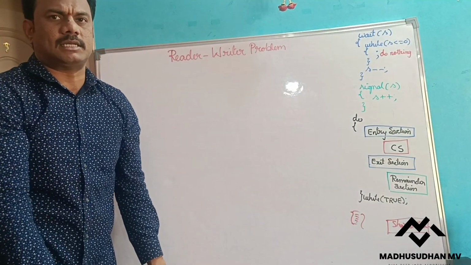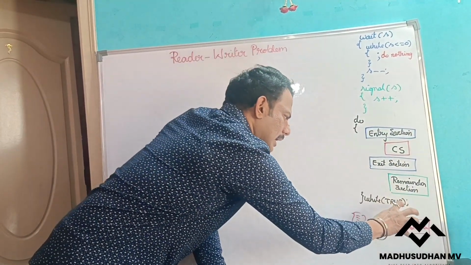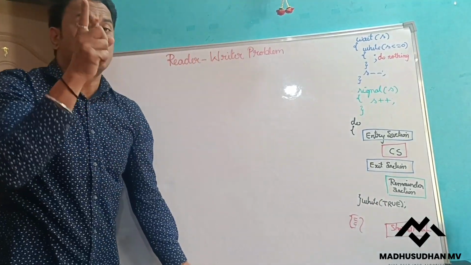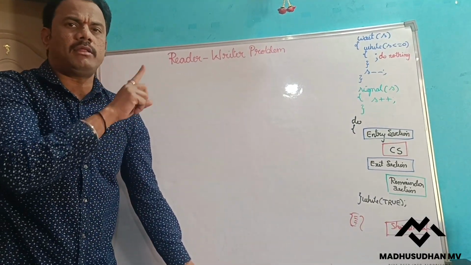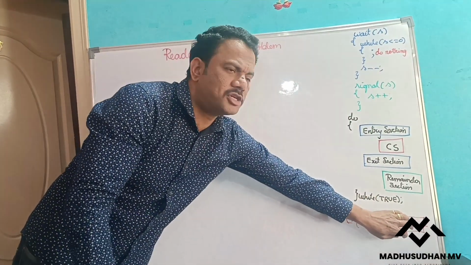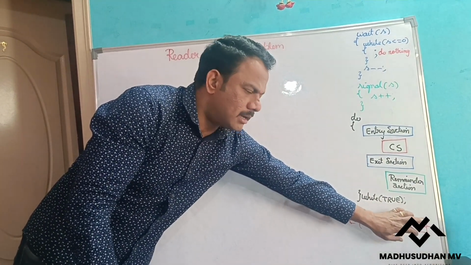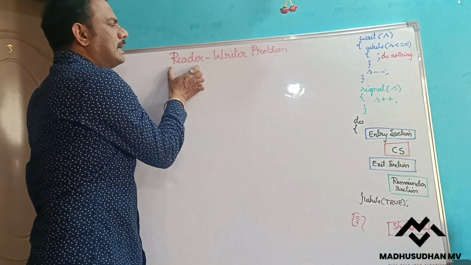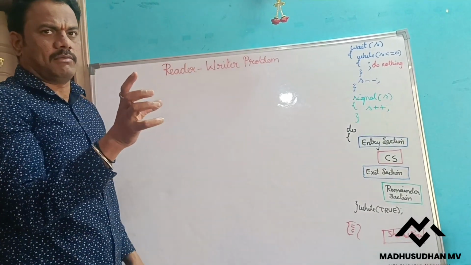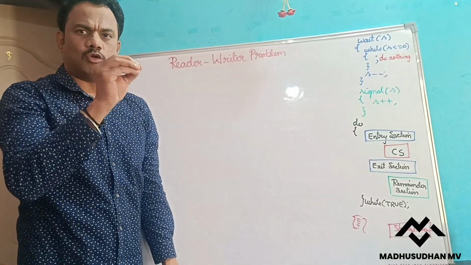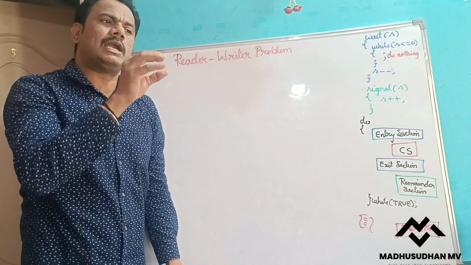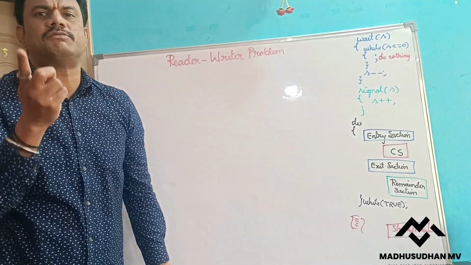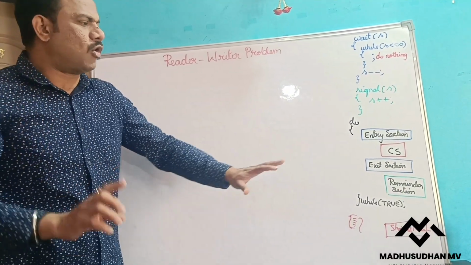Some processes will simply read the data; they are not going to modify or change it, so there is no harm to our shared data. Such a process we call a reader process. In simple words, a reader process is a cooperative process which only reads the data and never updates or modifies it. So there is no harm.